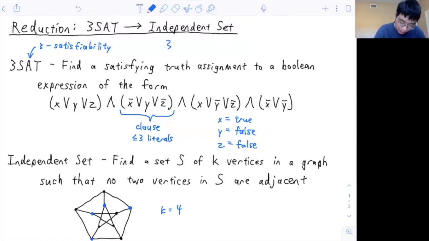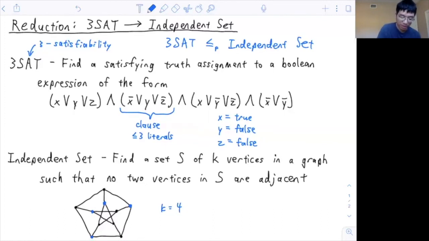So 3-SAT reduces to independent set in polynomial time, which means that independent set is at least as hard as 3-SAT. 3-SAT is known to be one of the fundamental NP-complete problems.